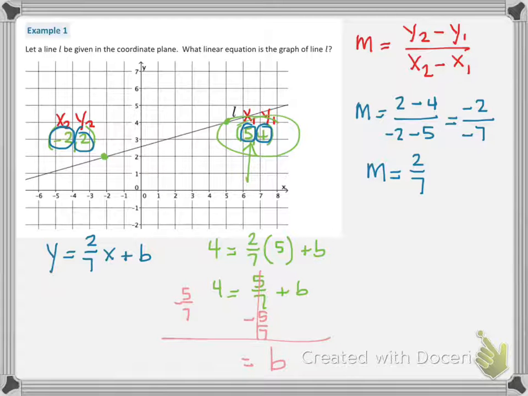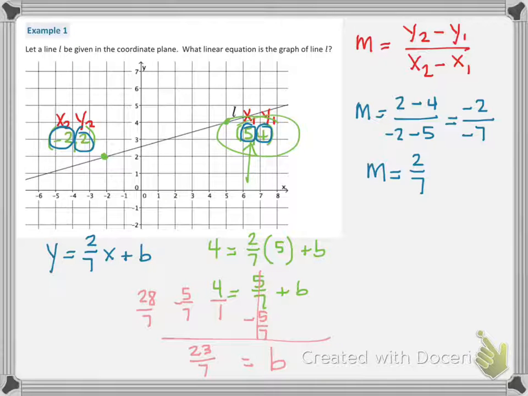Well, I'm going to change the 4 into something over 7. So that would be 28/7. All right, 4 over 1, I'd have to multiply by 7 over 7. 7 times 4 is 28, over 7 times 1 is 7. So 28/7 minus 5/7 gives me 23/7. And that is the y-intercept.